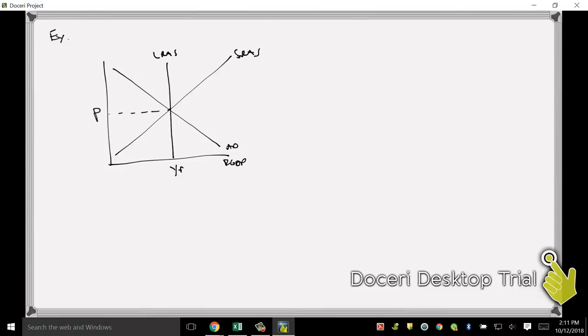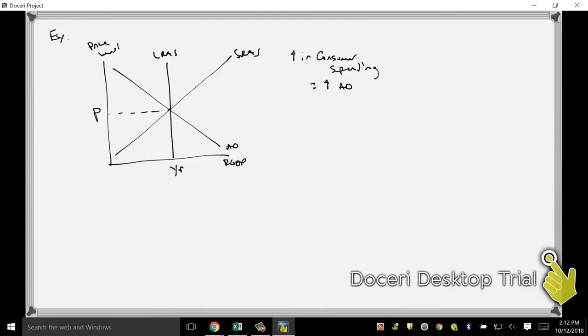Here's our price level. And now let's just say that in our example there is an increase in consumer spending. Usually that happens because of some sort of increase in consumer confidence or something like that. But we know that that's going to cause an increase in AD. So I'm going to show that change in my graph.